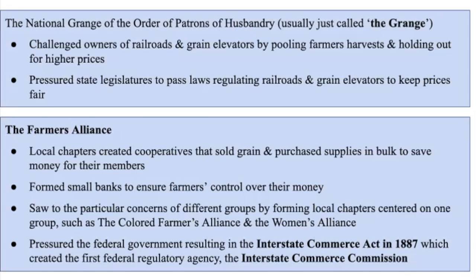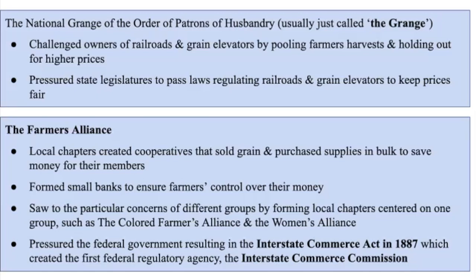The Grange eventually morphed into the most outspoken advocate for farmers, the Farmers Alliance. For the Farmers Alliance, local chapters created cooperatives that sold grain and purchased supplies in bulk to save money for their members. So once again, basically acting like a larger single corporation.